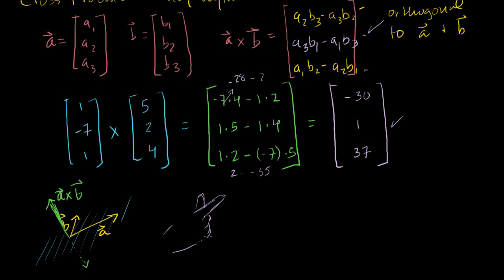And then my other fingers do nothing. Then my thumb will go in the direction of A cross B. And you can see that there. My thumb is in the direction of A cross B. And assuming that you are anatomically similar to me, then you'll get the same result.